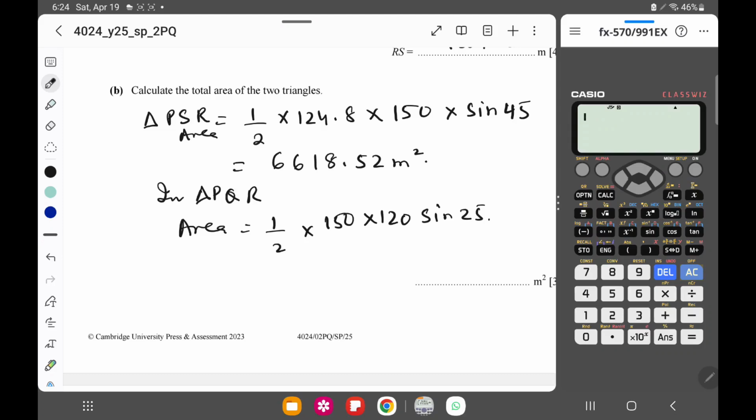Calculate 150 into 120 into sine of 25, and then divided by 2 equals 3,803.6 square meters.